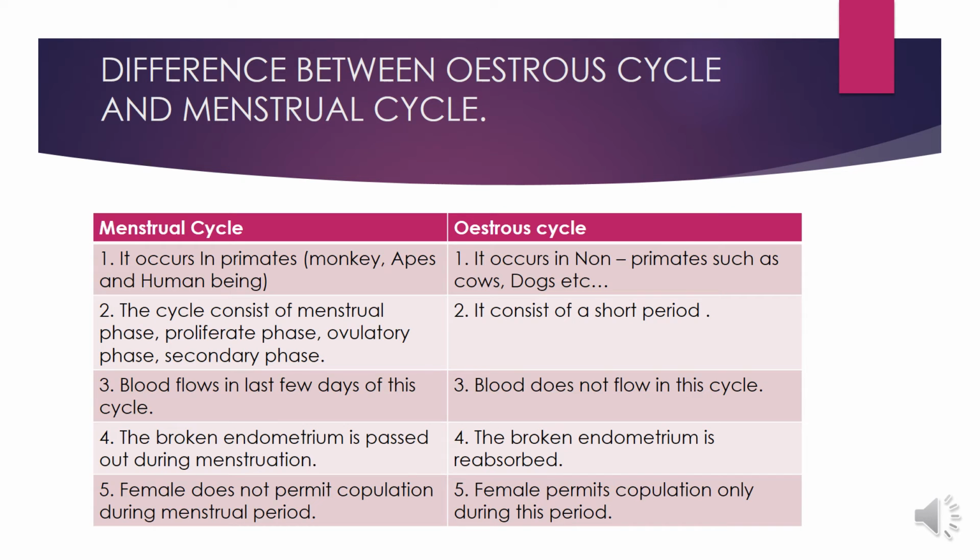Next one is the difference between estrous cycle and menstrual cycle. What are the main differences? The menstrual cycle, as I told you, always occurs in primates, that is monkeys, apes and human beings. The estrous cycle always occurs in non-primates such as cows, dogs, etc. In the menstrual cycle, there are 4 stages, that is menstrual phase, proliferative phase, ovulatory phase and secretory phase.